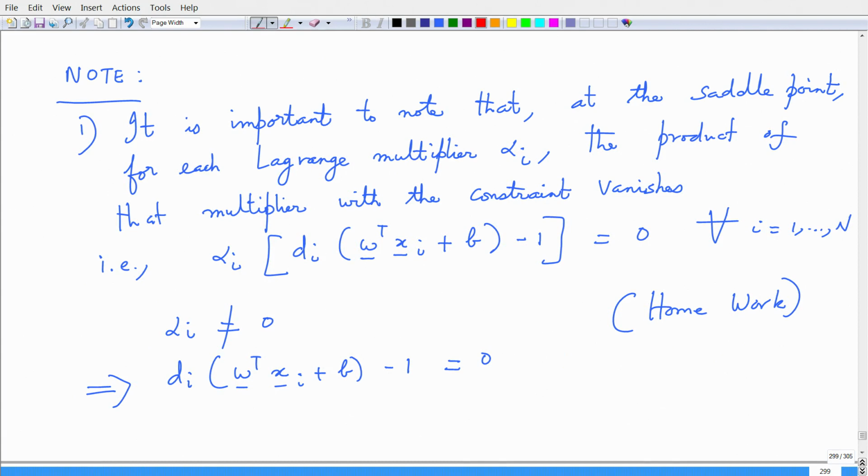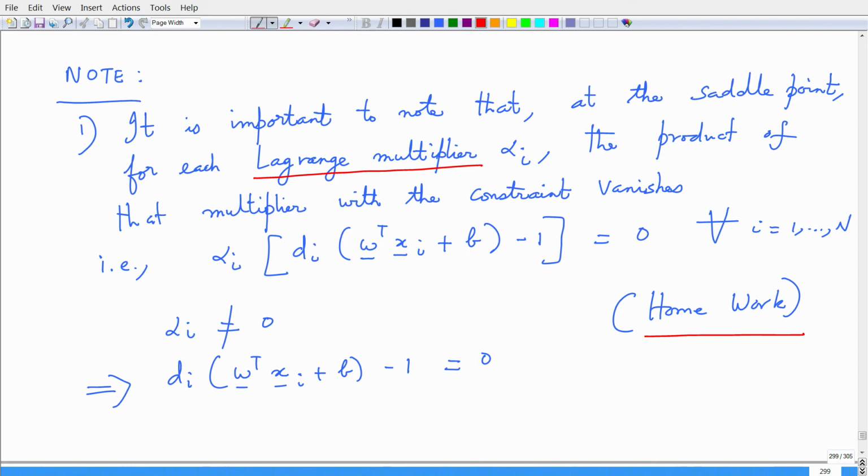One important note is the following, and I will leave this intentionally as part of the homework exercise. It is important to note that at the saddle point, for each Lagrange multiplier alpha i, this quantity alpha i times d i times (W transpose x i plus b minus 1) is equal to 0 for all i equals 1 to n.